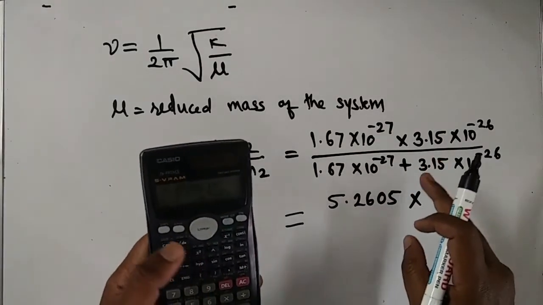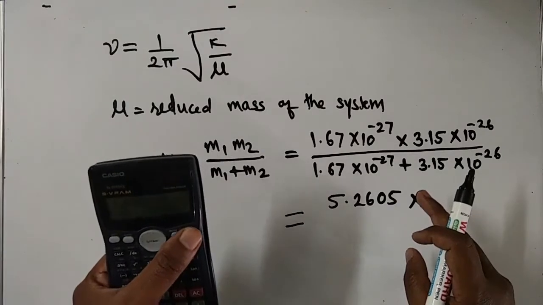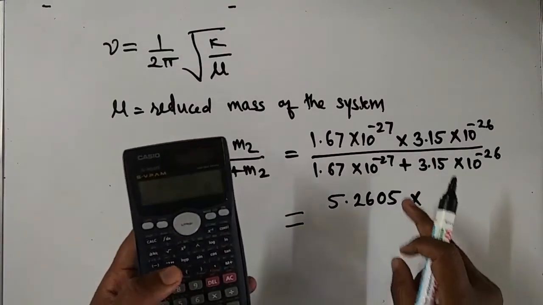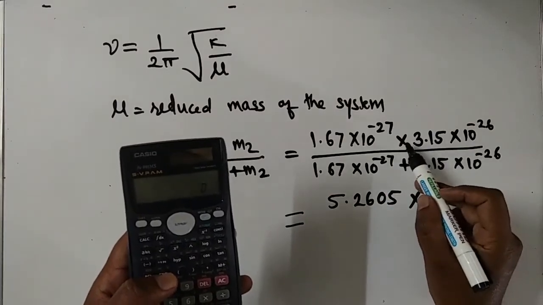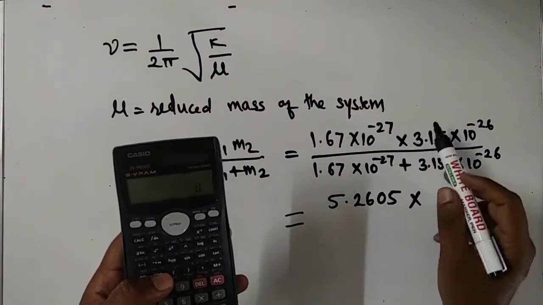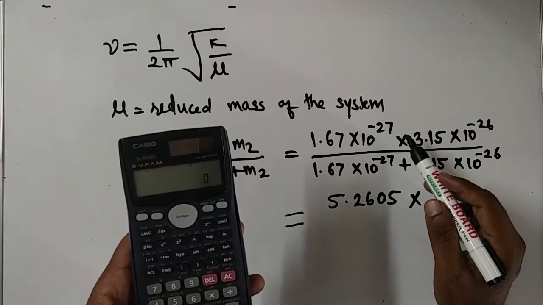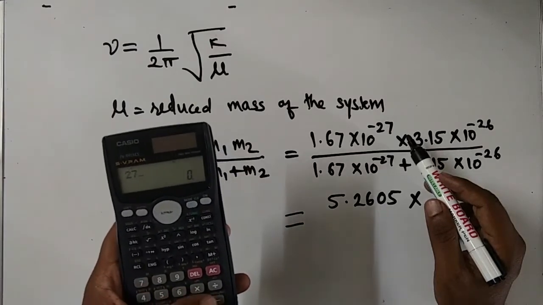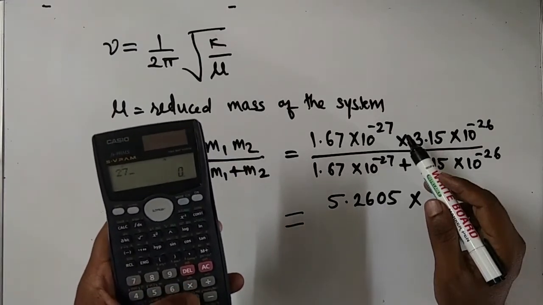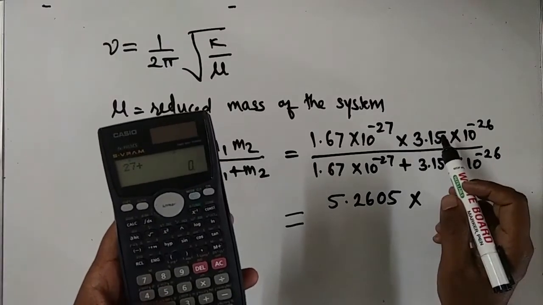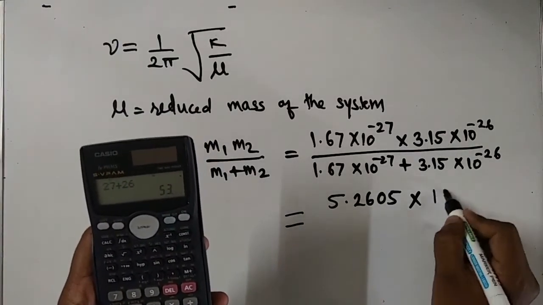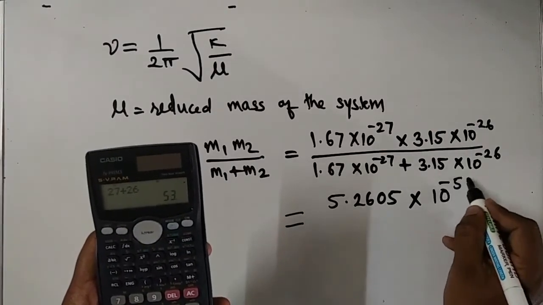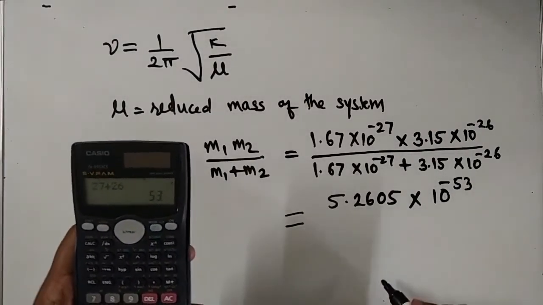Both terms are a product of powers of ten, so we have to add the exponents: minus 27 minus 26. I will write 27 plus 26, that is 53, so 10 raised to minus 53, right?